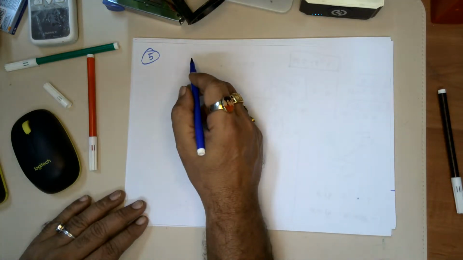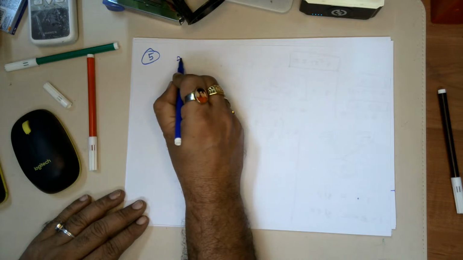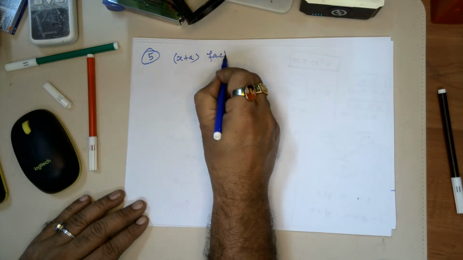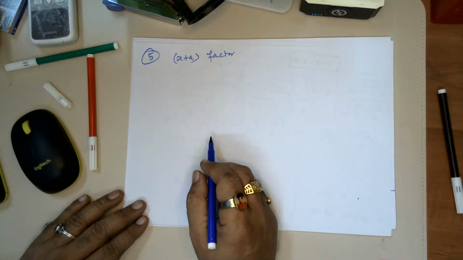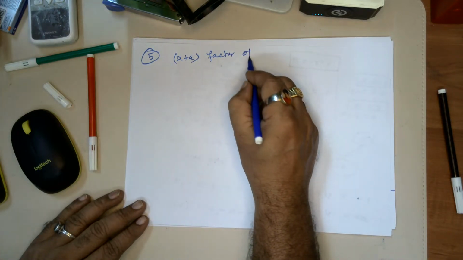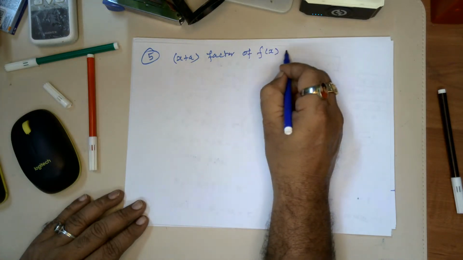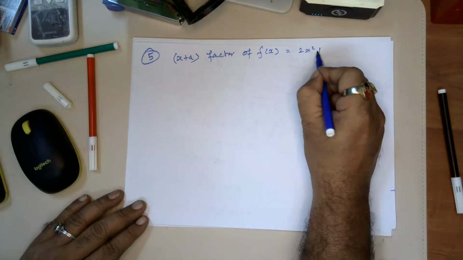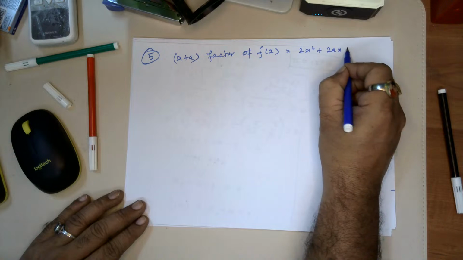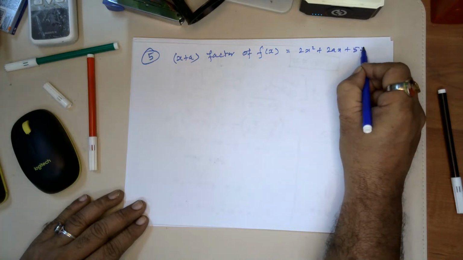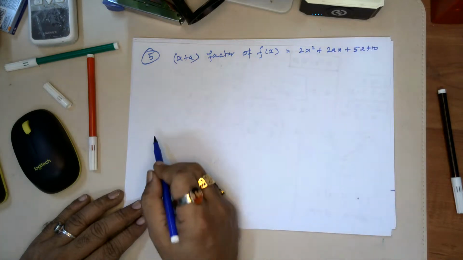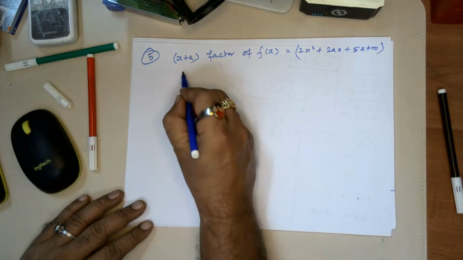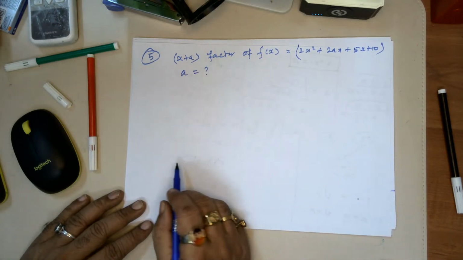If x plus a is a factor of f of x is equal to 2x squared plus 2ax plus 5x plus 10, you have to find out the value of a.